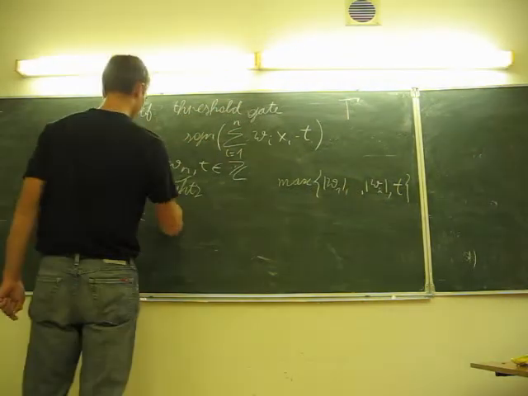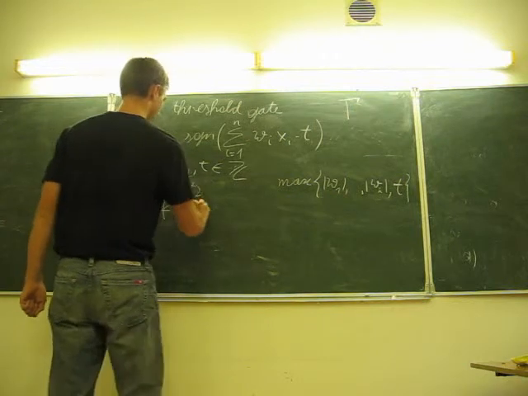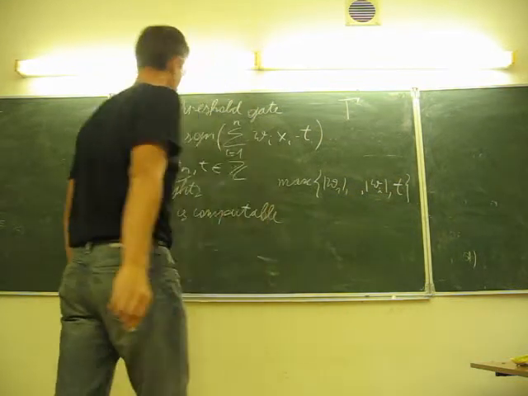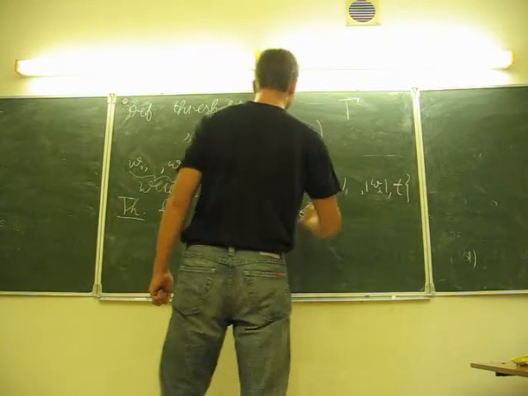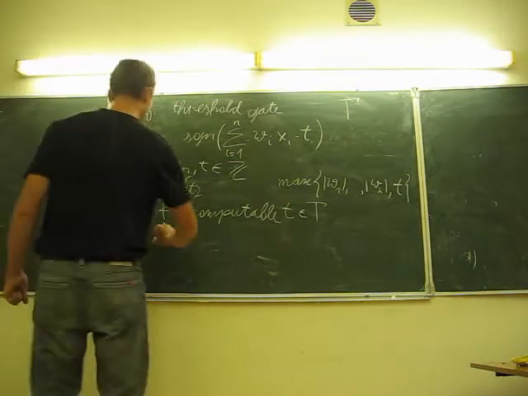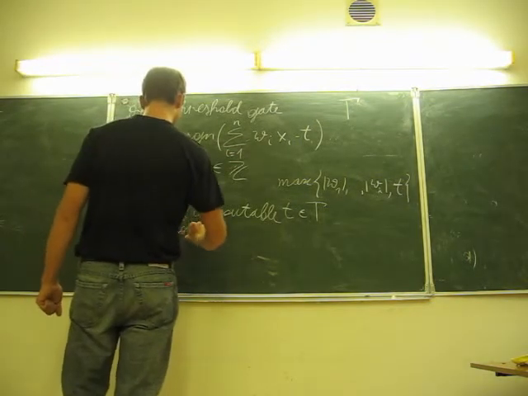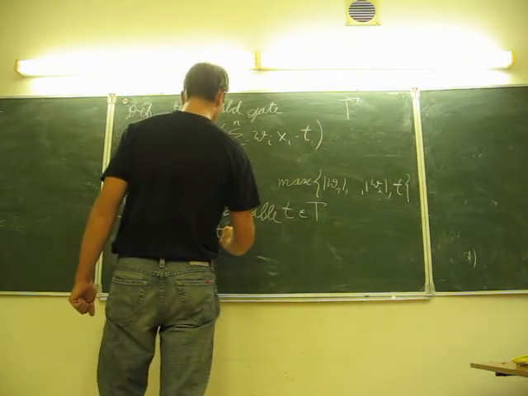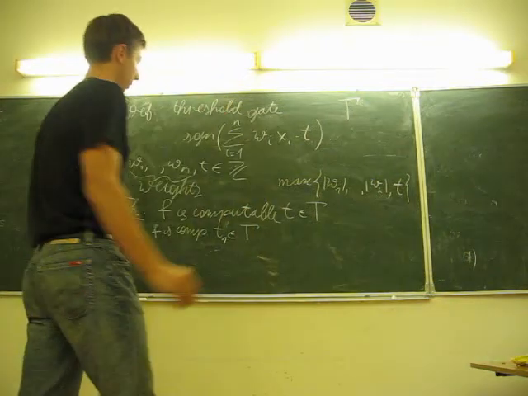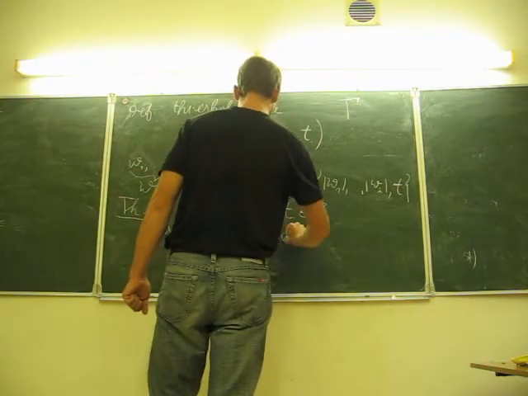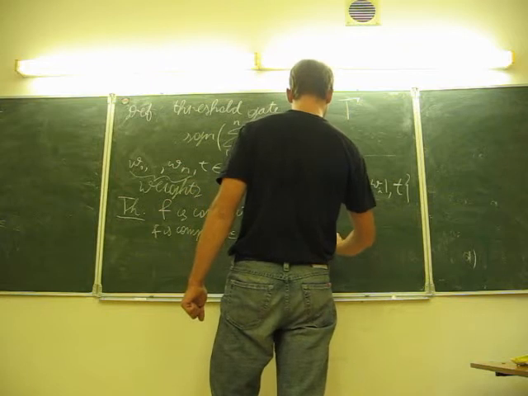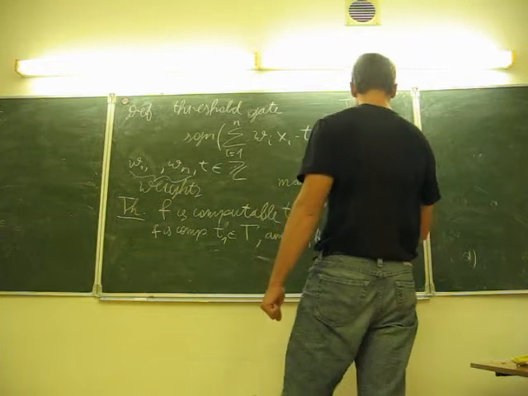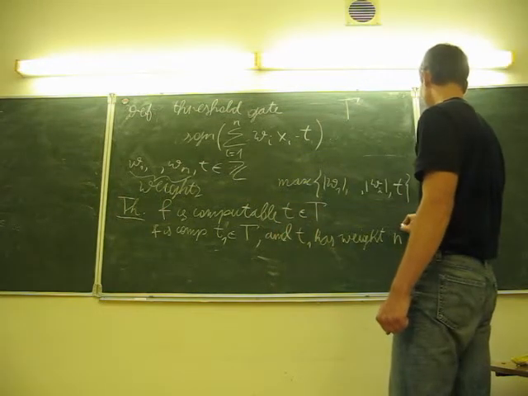If some function is computable by some T from T, then it is computable by T1, and T1 has weight n to the power of n.